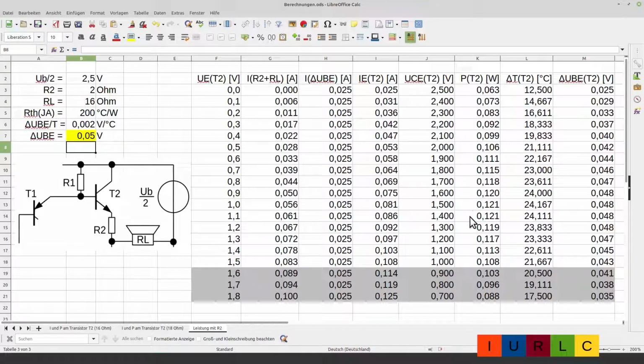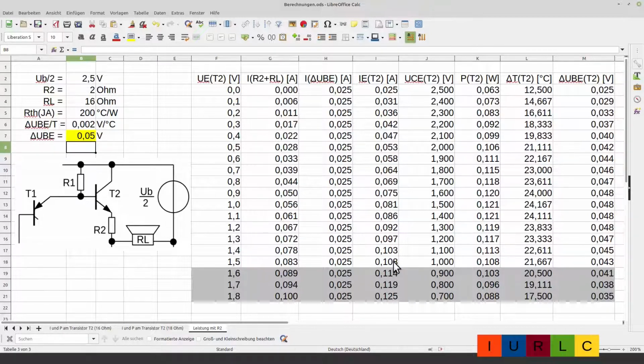At the power we have 121 milliwatt, allowed are 500 milliwatt, so we are here also okay. And on the continuous current we see we are okay here until there. And here we are a little bit above the continuous current, but far below the 200 milliamp peak current, and this is the maximum of the amplitude, so we have here only small peaks where the transistor is operating on this point.